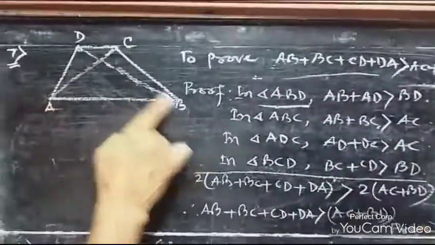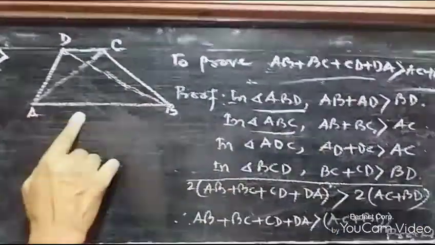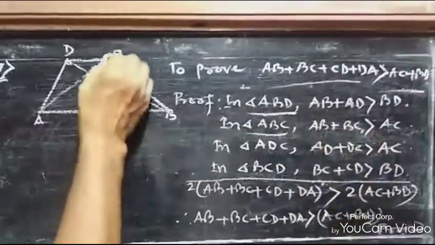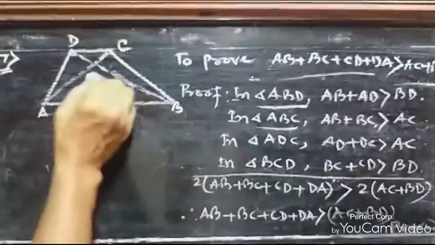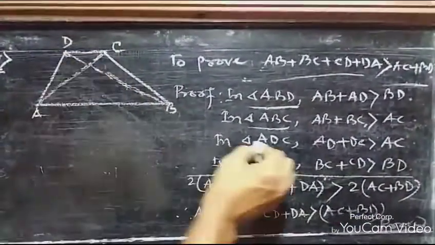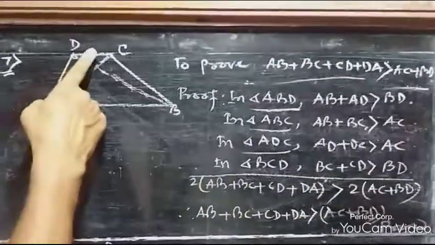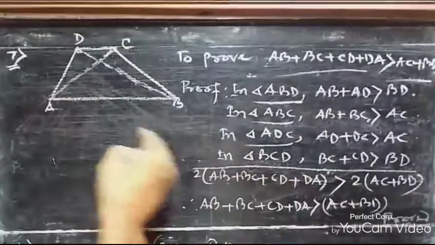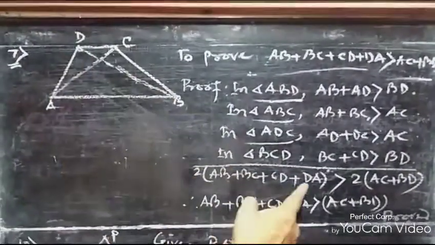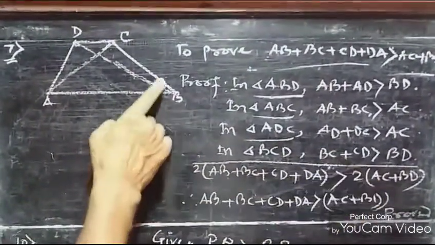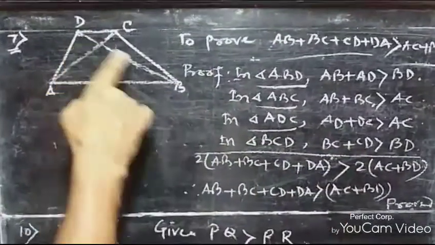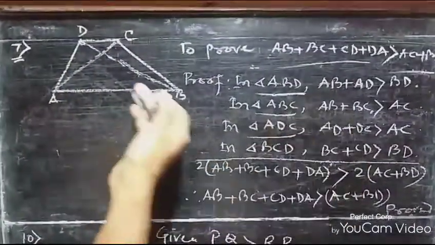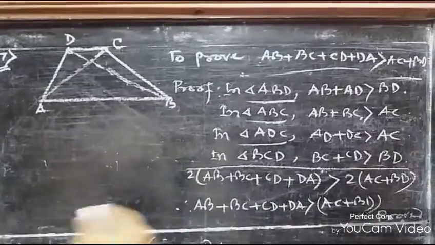Once again, in triangle ABC, AB plus BC is greater than AC. Next is triangle ADC, AD plus DC is greater than AC. And triangle BCD, BC plus CD is greater than BD.